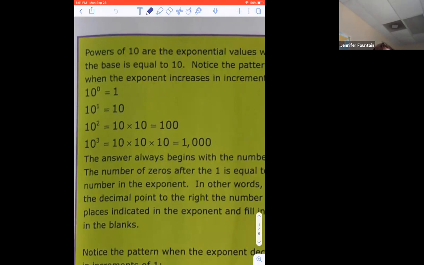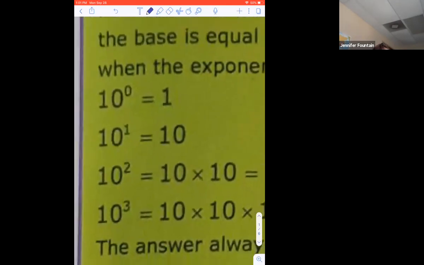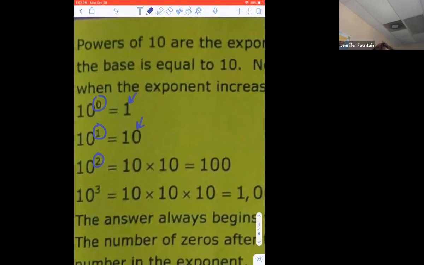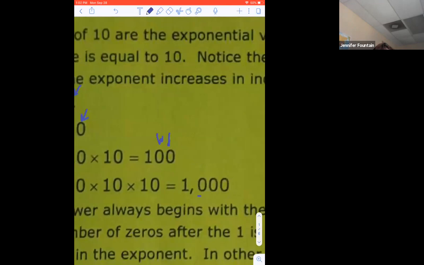But I also want you to notice that I can look at these exponents and correlate them. If I have 10 to the 0 power, that means I have a 1 with no zeros. 10 to the first power means a 1 with 1 zero. 10 to the second power, a 1 with 2 zeros. 10 to the third, a 1 with 3 zeros.